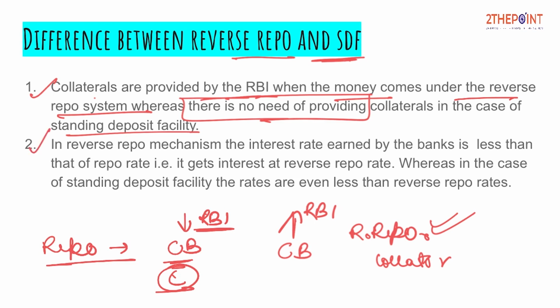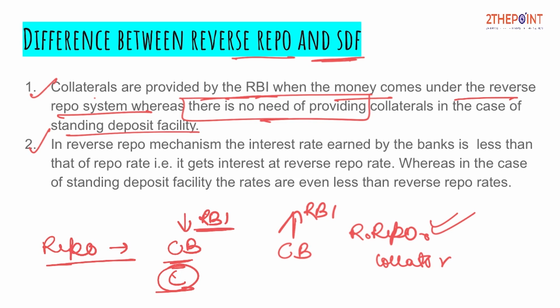So whenever RBI wants to suck excess liquidity out of the market, it increases the reverse repo rate so that the banks do not create loans in the market and are attracted to deposit their money with RBI, and in return they get collateral securities.